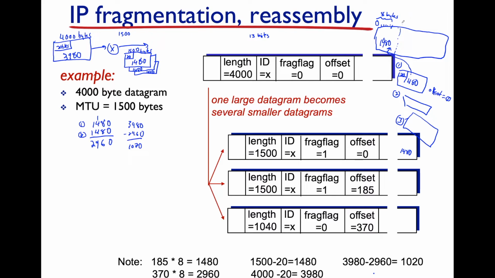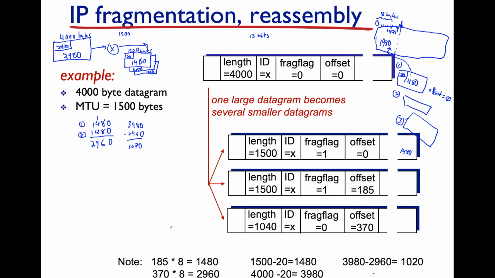Now the next one is going to start just after this 1480. Because it's 0-based, the first goes from 0 to 1479, for a total of 1480 bytes. So the next offset is going to represent the number of 8-byte units. I said 8 byte, not 8 bit, 8-byte units corresponding to 1480.